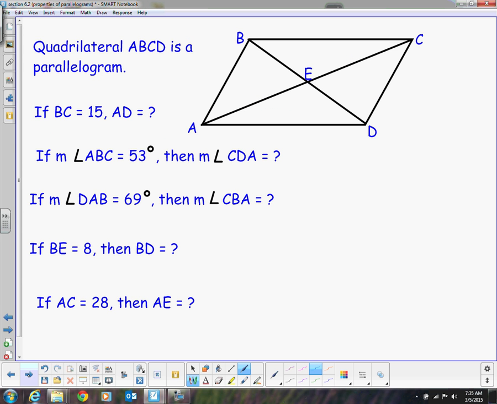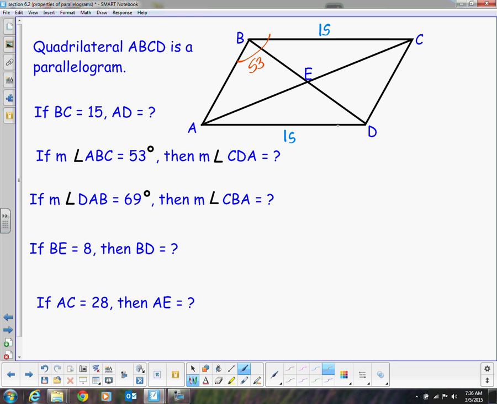All right, so let's see how we're going to use it. So if BC is 15, what is AD, Bree? Right. Opposite sides of a parallelogram are congruent. If angle ABC, this whole angle here is 53 degrees, what is the measure of CDA?